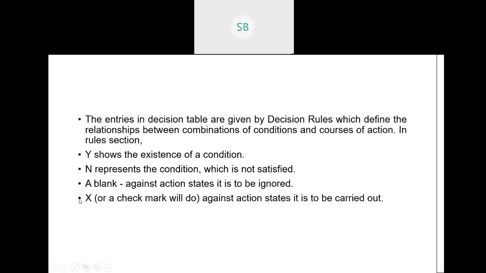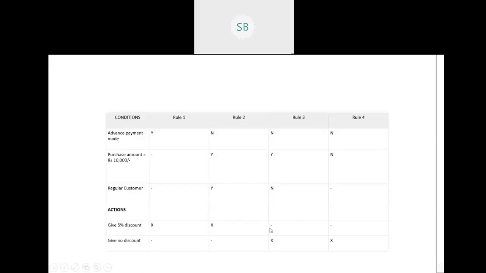So what does this mean? X means the action stated is to be carried out, and you can ignore the blank states. According to rule 1, we can give a 5% discount.